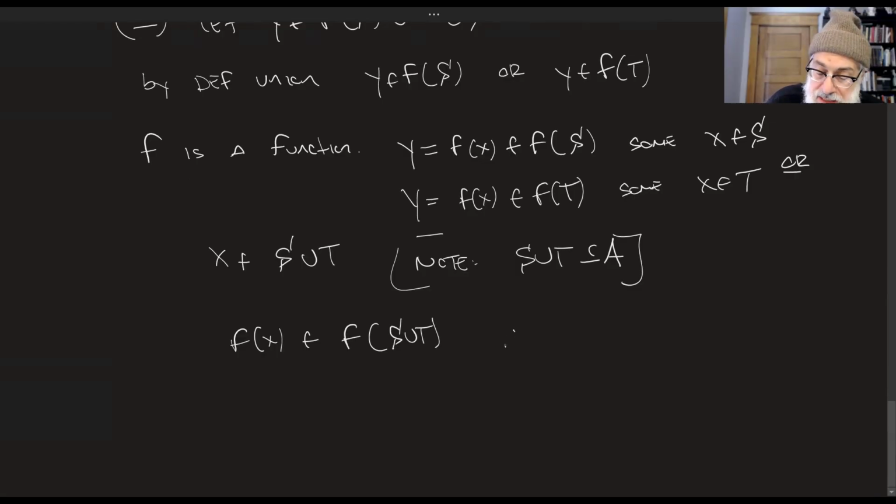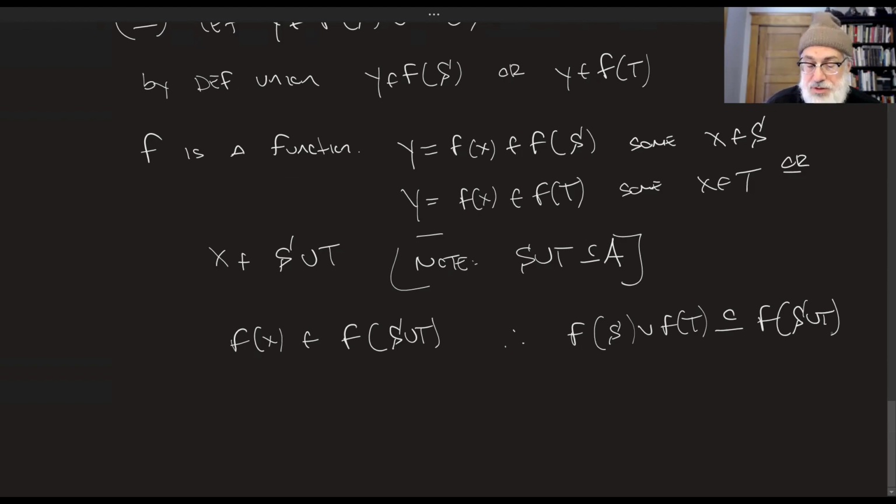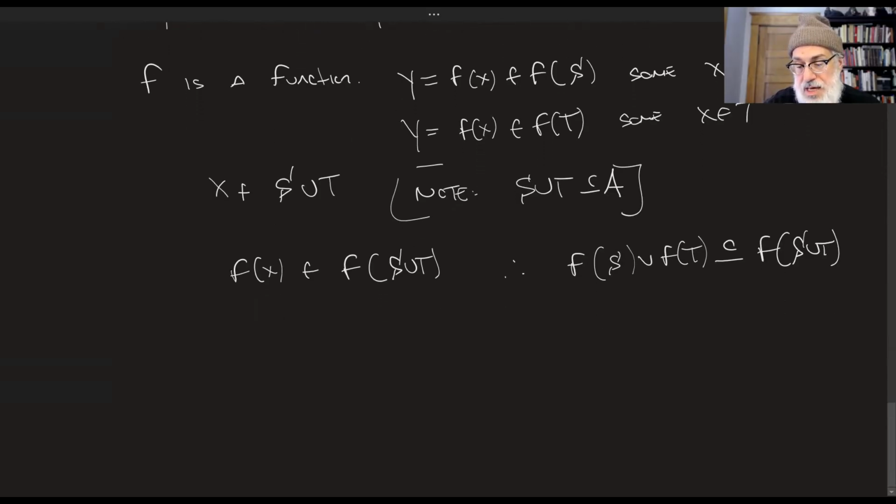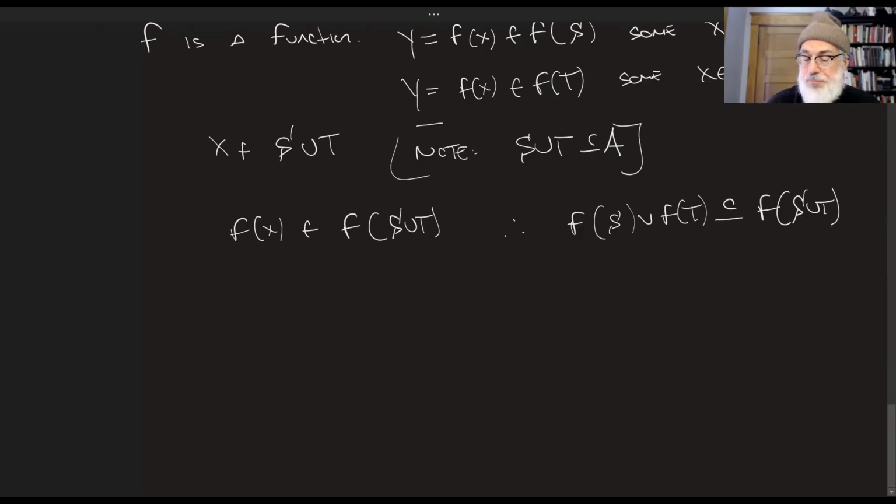So that concludes then that f of s union f of t is a subset of f of s union t. Now you notice again, this is the same argument of the above direction that starts at the end and moves to the beginning.